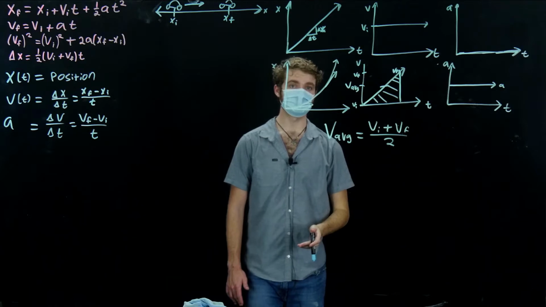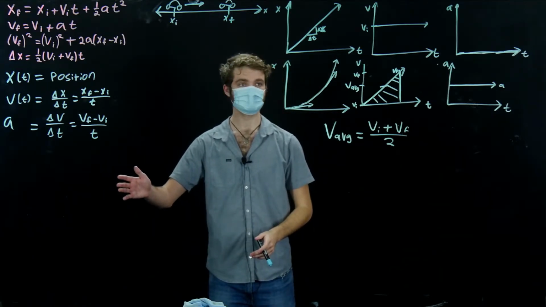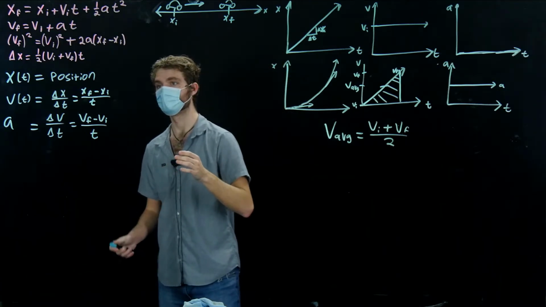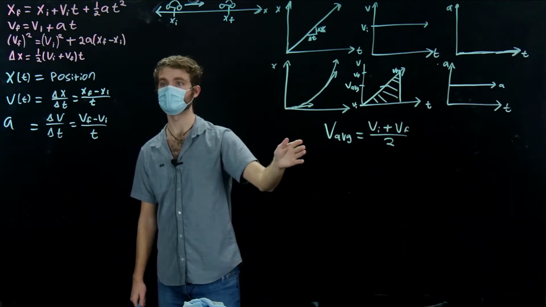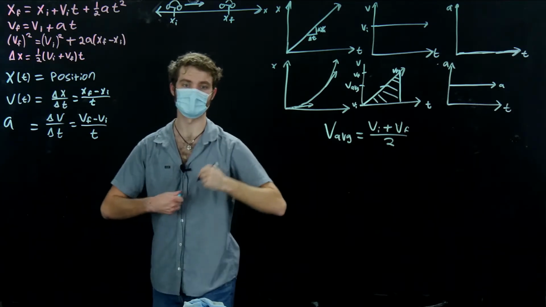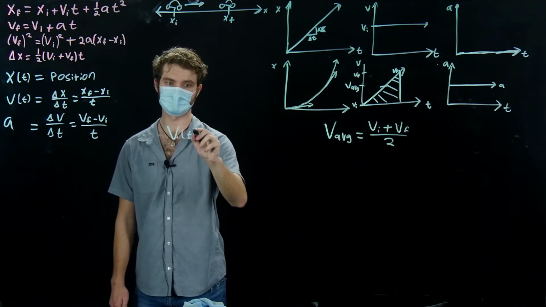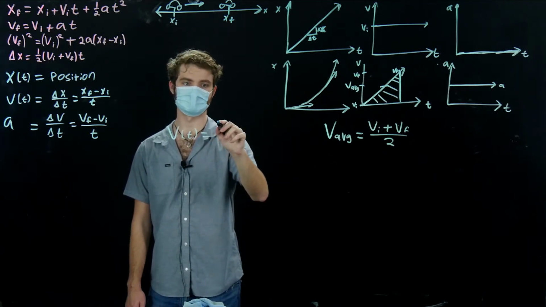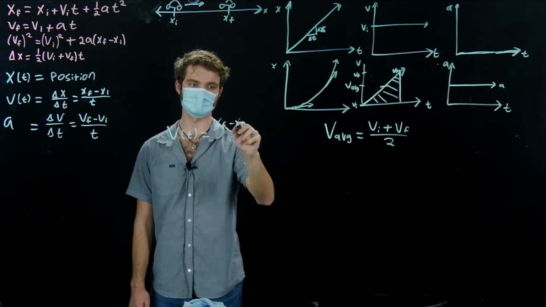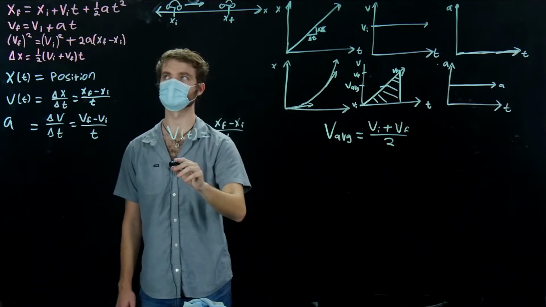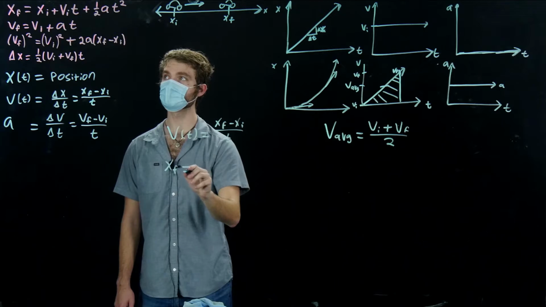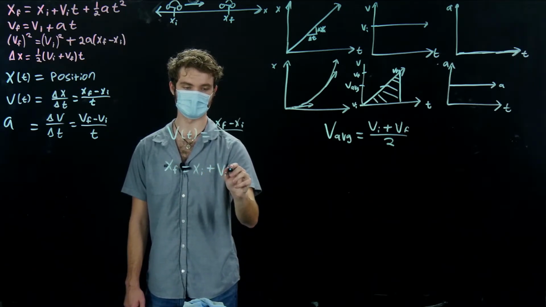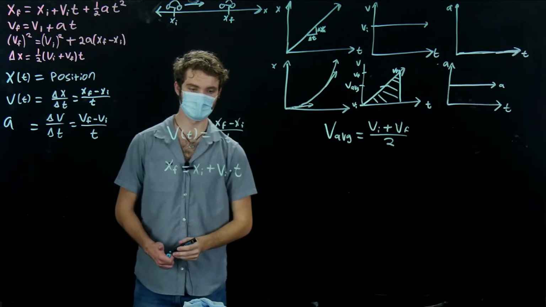If we use that average velocity in the equation we derived from v of t equals x final minus x initial over time, and then algebra it out, we got x final equals x initial plus v initial times time.